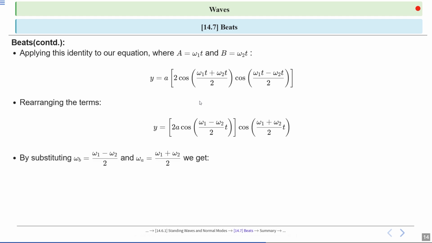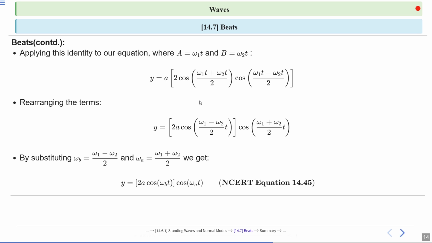By substituting these expressions for omega b and omega a in terms of omega 1 and omega 2, we simplify the equation and express the beat frequency and average frequency in terms of the individual frequencies as y equal to 2A cos omega b t into cos omega a t.